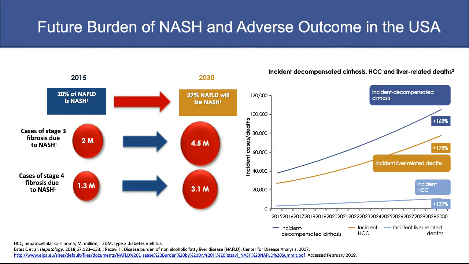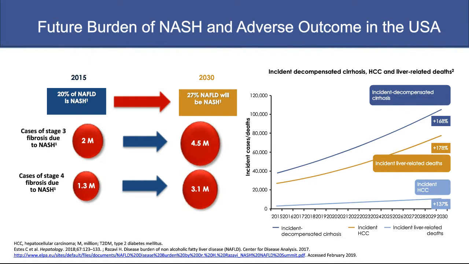And as you can see on the graph on the right, not only the prevalence of NAFLD, NASH, and advanced fibrosis increases, but also cases of decompensated cirrhosis, liver cancer, as well as liver-related deaths are all expected to increase.